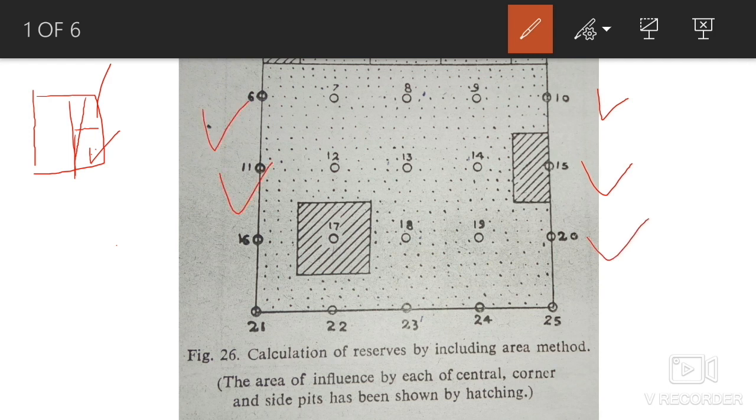So these have half of the area, these side points. The four corner pits, these corner points, have 1/4 of the area of influence in comparison to the central pits.